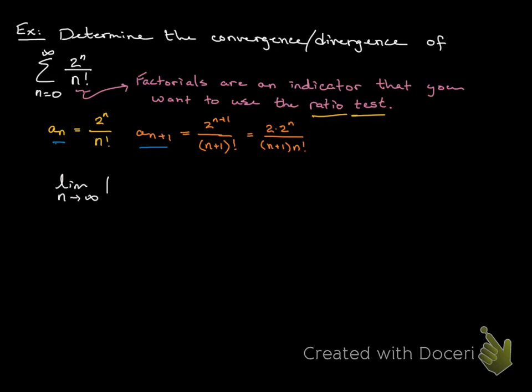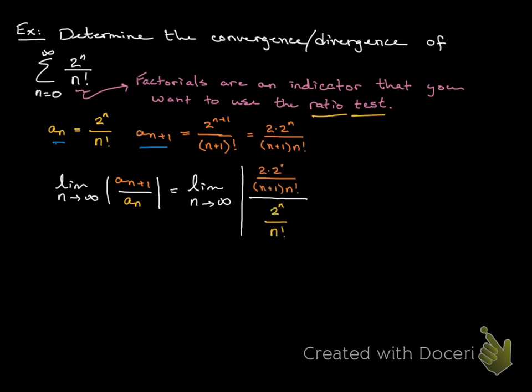I write my limit, and I'm dividing a sub n plus 1 by a sub n. And I'm just going to write those in here. And we start to kind of see how things might cancel. Now, I'll do this kind of all the time, but notice I'm dividing by a sub n.